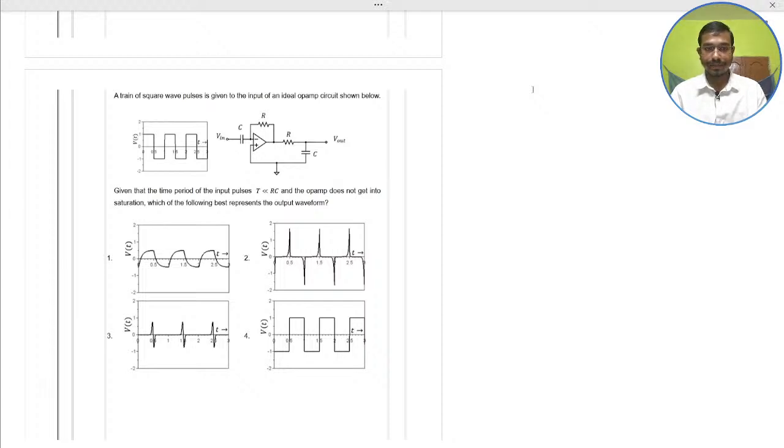Very important question. The given circuit is a combination of an op-amp differentiator circuit with an RC integrator circuit. Okay, this is op-amp plus differentiator D plus integrator I, a combination. For the given input, T less than RC, the first circuit will act as an ideal differentiator and the output will be the differentiation of the square wave. The spike in the differentiation output is because of the sudden change of the pulse from 0 to 1.